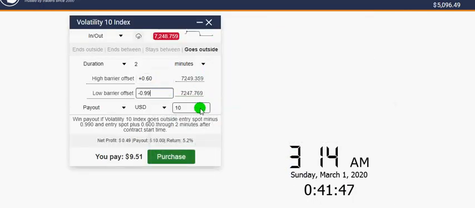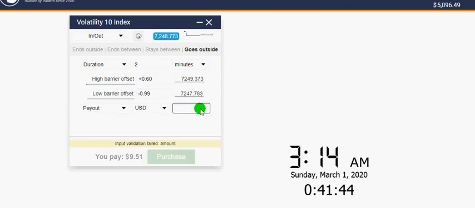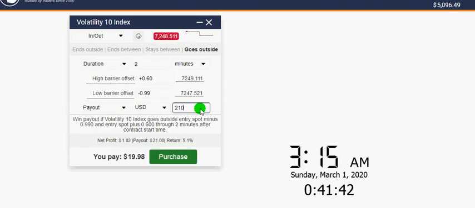So I'm going to be staking 2 on 0, depends on what you have in your account. So we make about 51 USD if we trade 5 times.